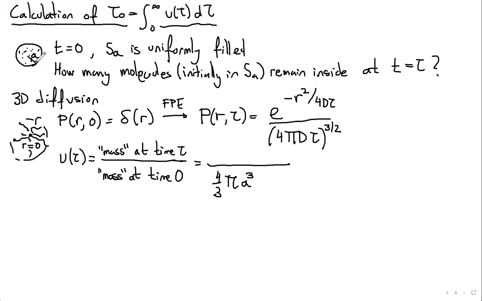And the mass that we will have inside the sphere at time tau will be the following. We will integrate over the initial volume and integrate over the final volume of how many particles remain. The number of particles that will remain will be given by the diffusion law. So we will have P of R minus R prime.